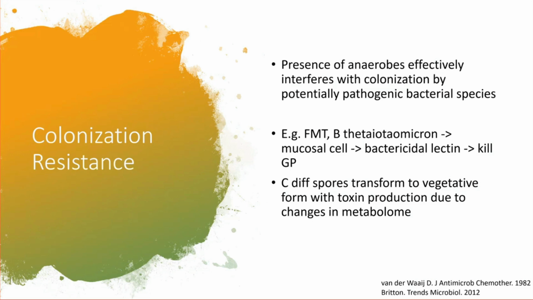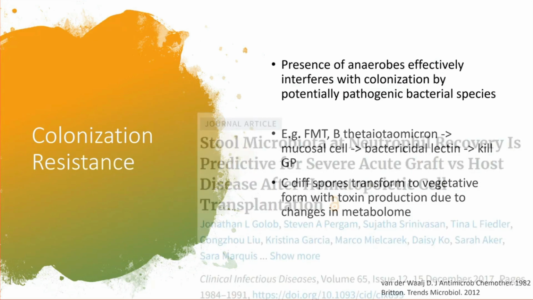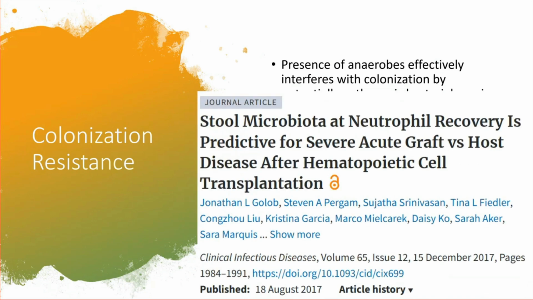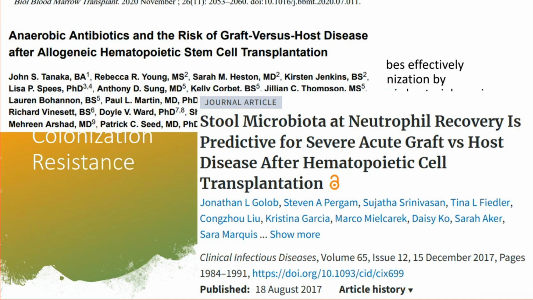Some of those interesting papers that we gotta know and think about. This is from Fred Hutch, by Dr. Frederick's lab, back in 2017, looking at weekly stool samples on patients who have undergone transplant and correlating that to the severity of acute GVHD. So a lot of issues coming up.